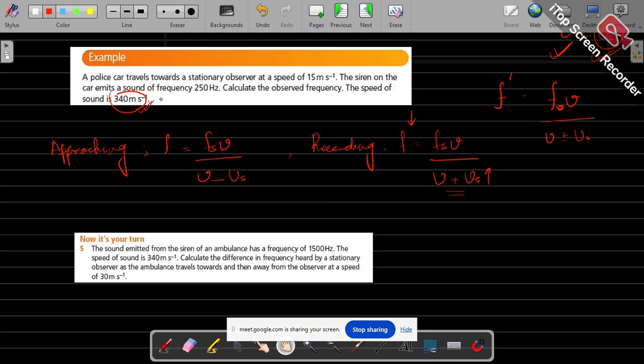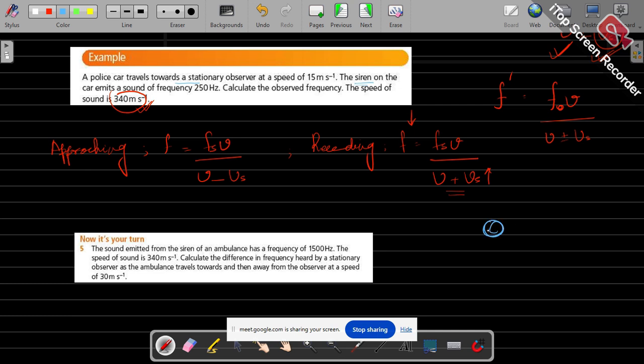It says a police car travels towards a stationary observer. That is, the observer is at rest, and a police car with a siren on, that is the source of sound, is moving towards the observer.